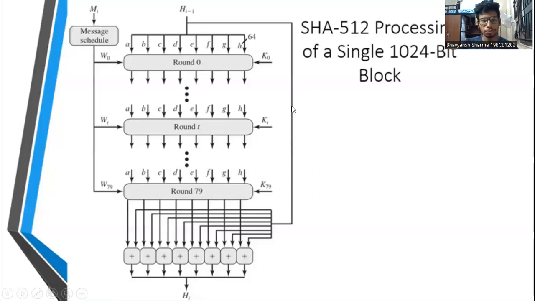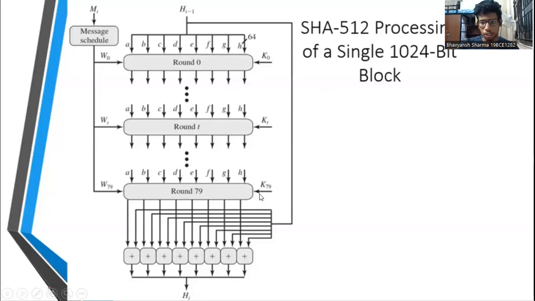After that, for the last round calculation, there is a difference between how we calculate rounds 0 to 79 and the last round, that is round 80. There are 80 rounds in total. So how do we calculate round 80?